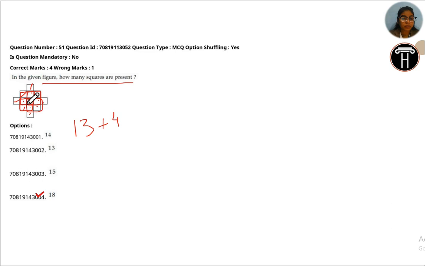Now, there were 4, and when we add these 4 squares together, like we were having squares like this. Now combine all these 4 squares, we will again get a square. Fine. So plus 1. So the correct answer will be 18. 18 squares are present in this figure.